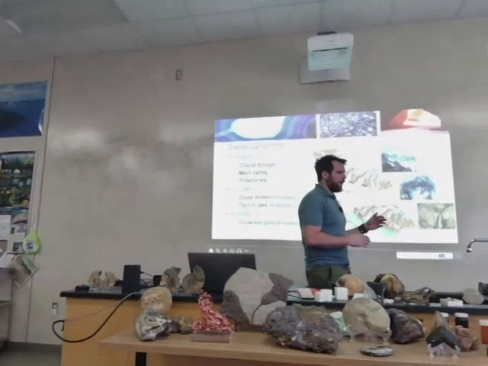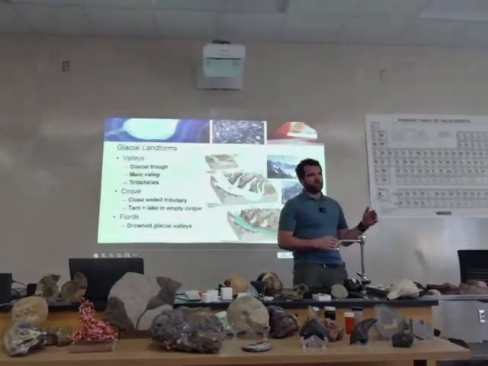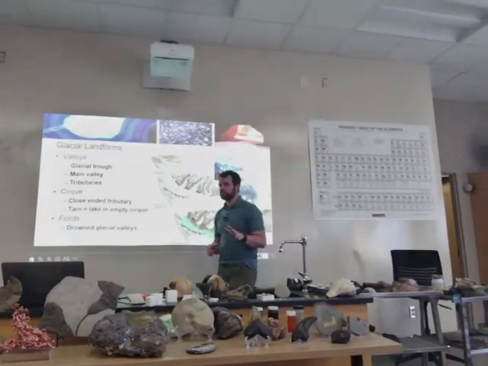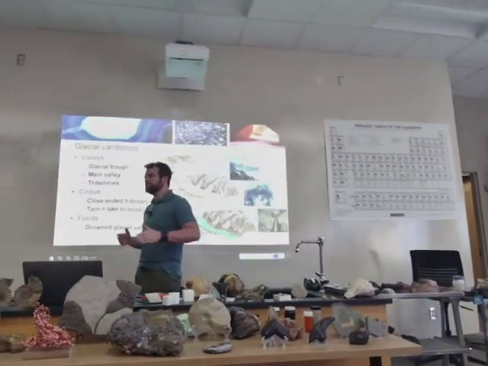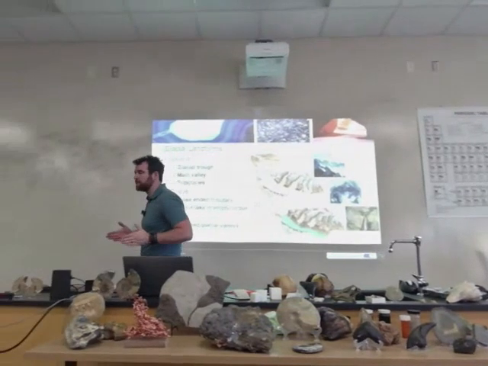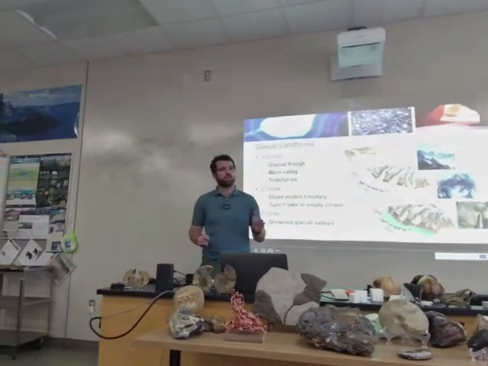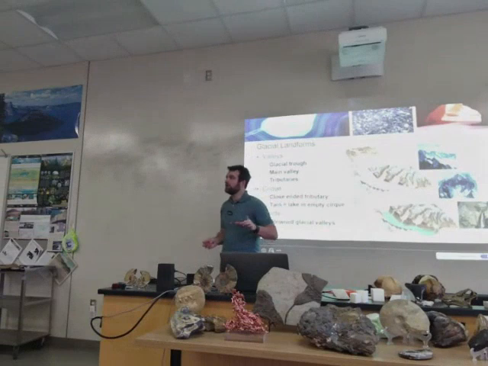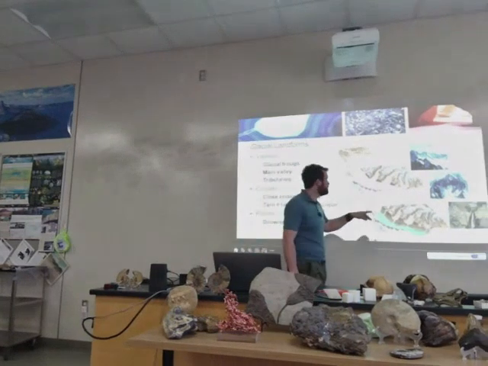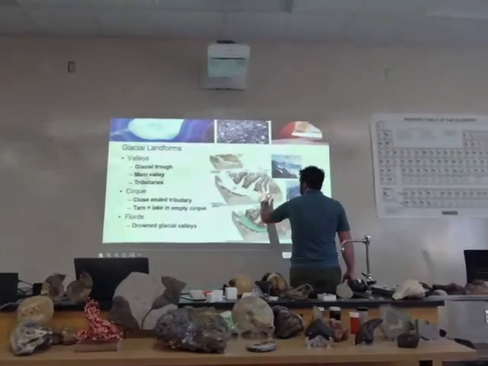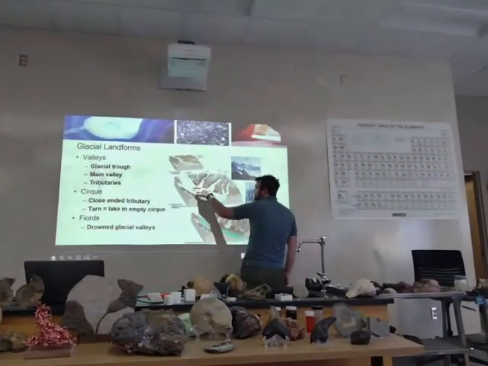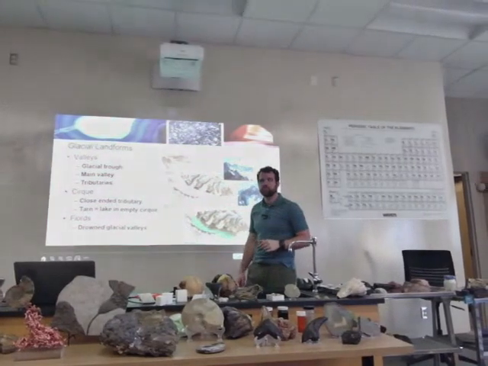So, this is just reminding you of a little bit of terminology here, okay? The valley is the main course that the glacier takes. The cirque is where you have tiny little side valleys that come and meet up with your main valley, right? Cirque, cirque, cirque, all meeting up into your main glacier here.